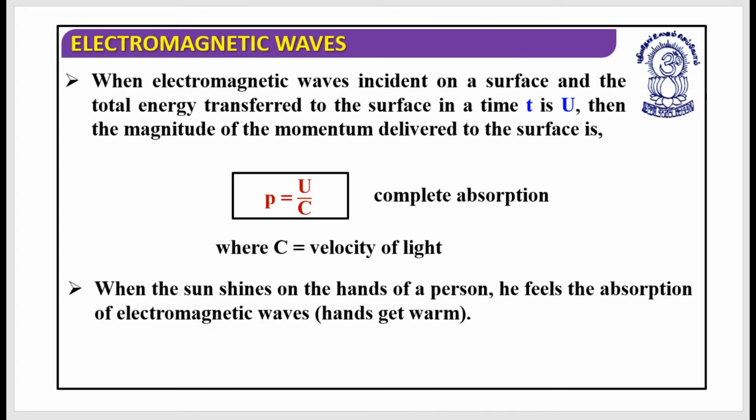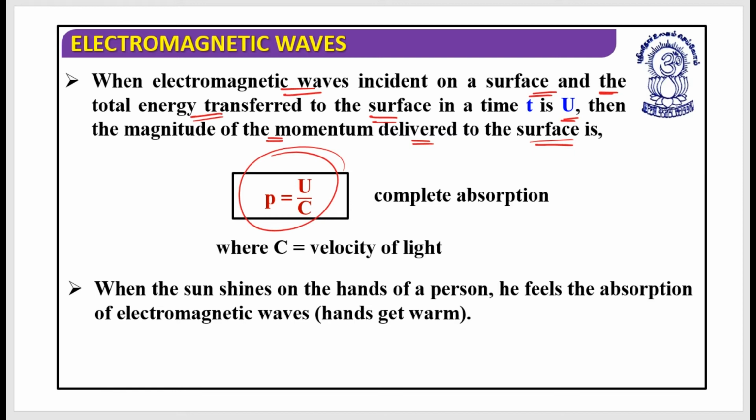When an electromagnetic wave is incident on a surface and the total energy transferred to the surface in a time t is u, then the magnitude of the momentum delivered to the surface equals u by c. Please note this down.